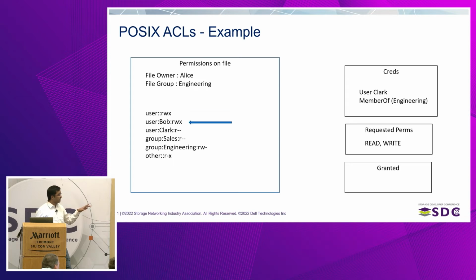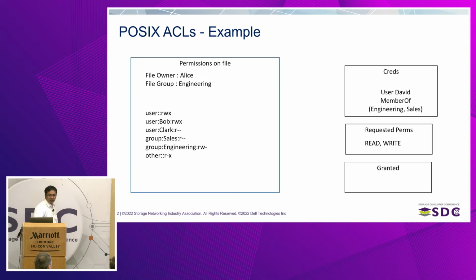So you move further, Clark is not Bob, and you look at this ACE, which grants Clark read permissions. The point here is that the algorithm doesn't proceed further after this point. Because Clark is asking for read, write, and this ACE explicitly only grants read, we follow first match semantics, and it becomes a deny at this point.